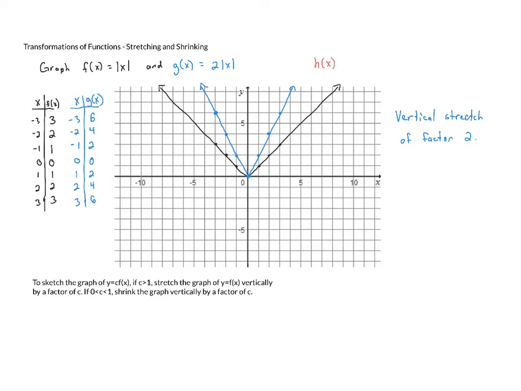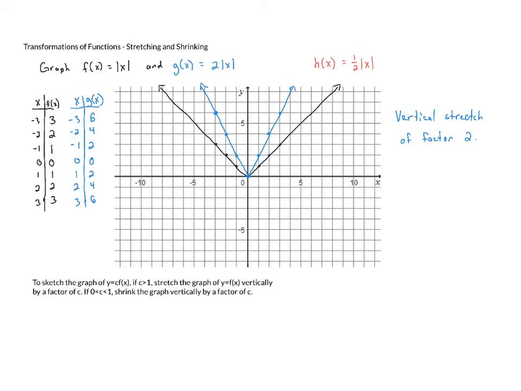Here we're going to have h of x equals 1/2 times the absolute value of x. In this case, we've got something in the form y equals some number times f of x, and because that number is between 0 and 1, because it's less than 1, we actually shrink the graph vertically.